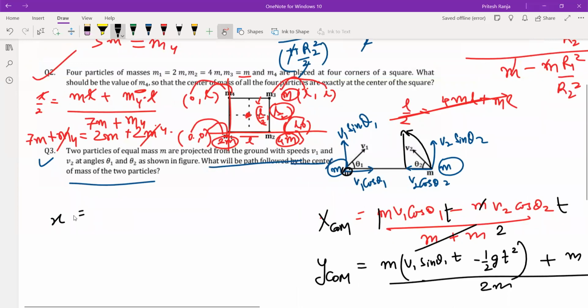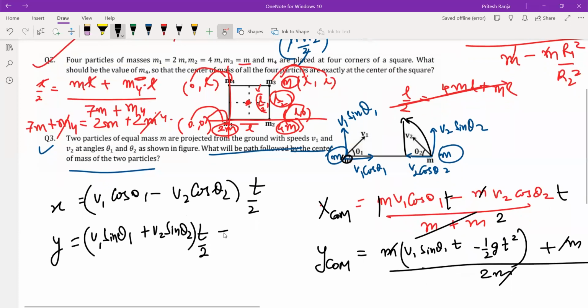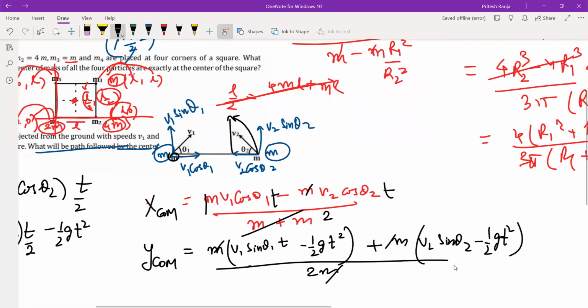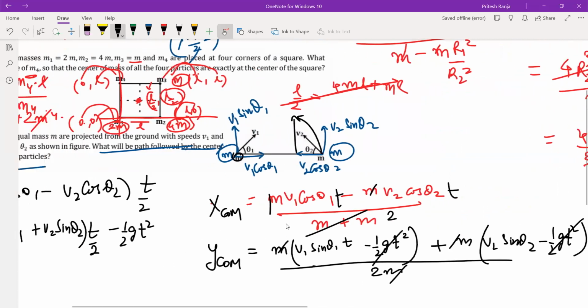X coordinate, let's say x denote x center of mass, ये होगा v1 cos theta 1 minus v2 cos theta 2 into t by 2 and y of center of mass क्या मिला? देखो यहाँ से कट गया, v1 sin theta 1 plus v2 sin theta 2, इसको कॉमन ले लिया, into t by 2 माइनस कॉमन दिया यहाँ से and half g t square, देखो minus half g t square and minus half g t square divided by 2, so that will be into 2 by 2. तो ये रिजल्ट हमारा यही हो गया.